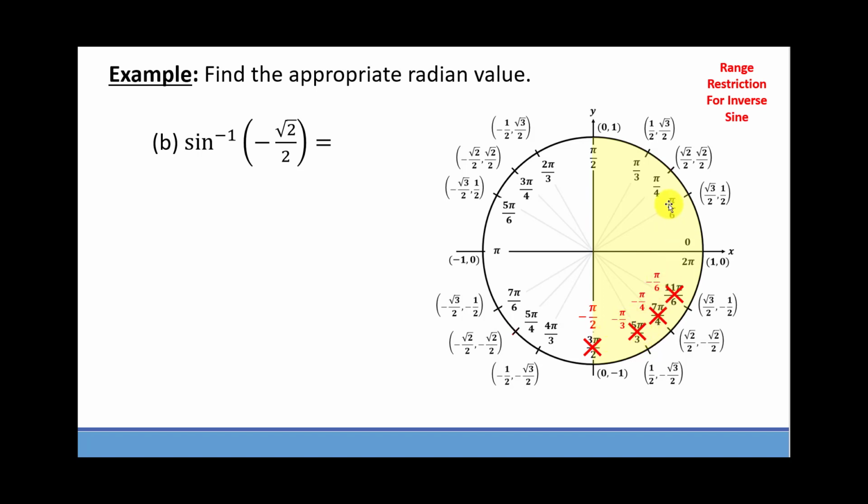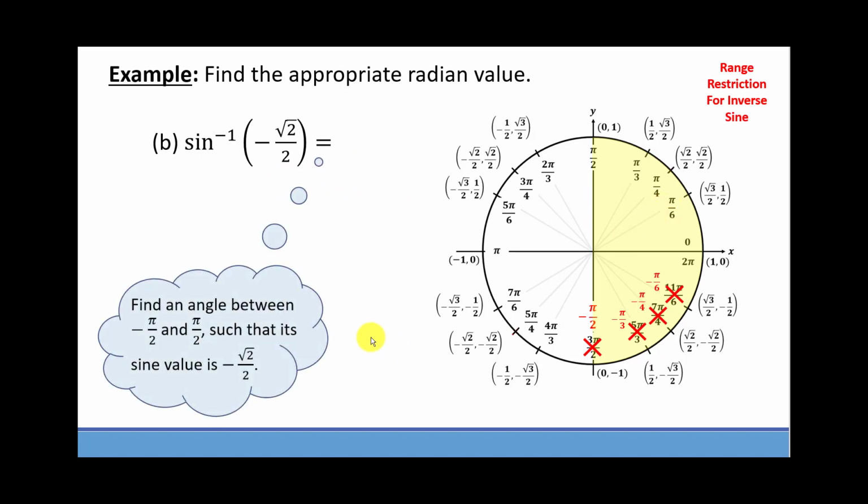Okay, so let's see what's going to be actually the answer for our question here. After what we just said, we realize that we need to find an angle between negative pi over 2 and pi over 2 such that its sine value is negative radical 2 over 2. Now, sine values correspond to the y-coordinates of the points around the unit circle.